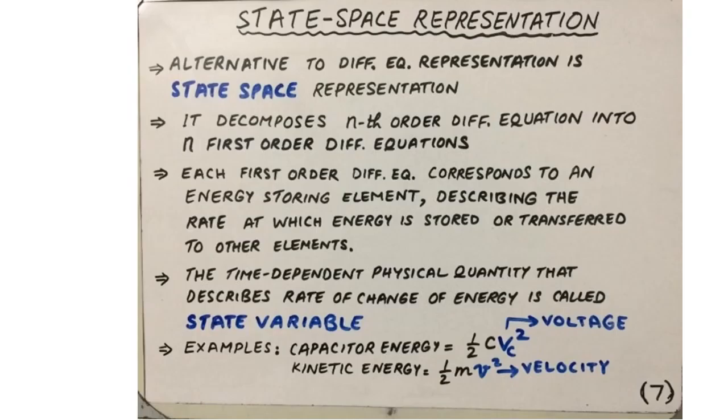Now let us discuss state space representation. It is an alternative to the differential equation formulation of the physical system. What happens is that a system of order n, described using an nth order differential equation, is decomposed by the state space representation into n first order differential equations.